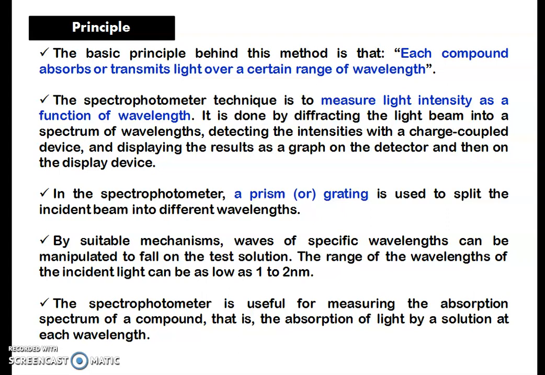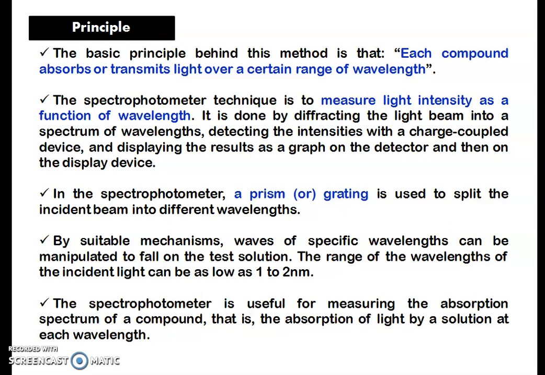In the spectrophotometer, a prism or grating is used to split the incident beam into different wavelengths. The incident beam of light is split into its component wavelengths by the prism or grating present in the spectrophotometer.